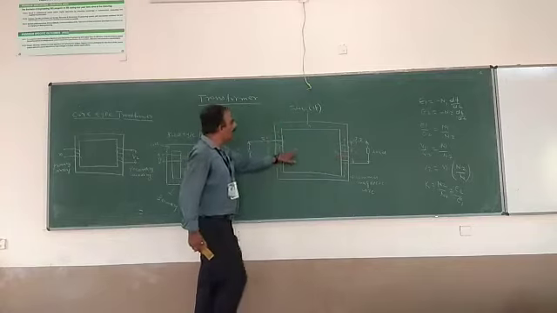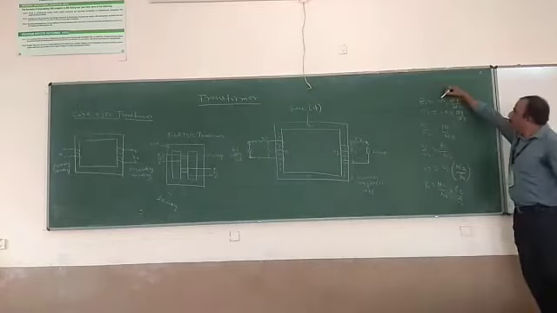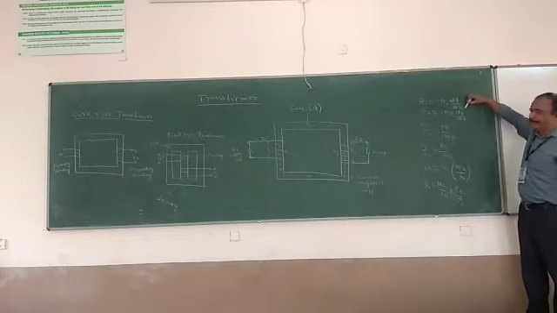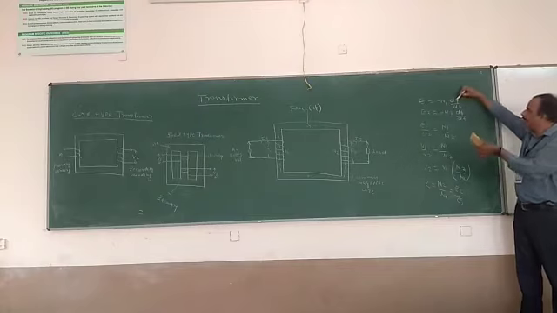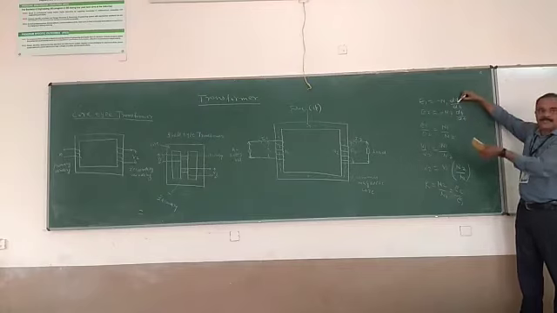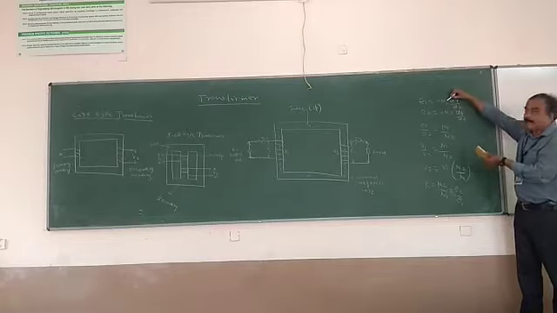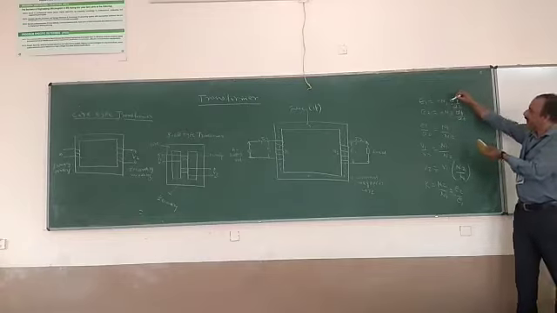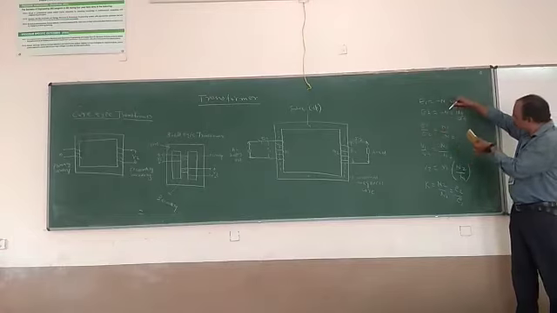Now, how do we calculate E1 and E2? E1 is minus N1 d phi by dt. N1 is the number of turns in the primary, and d phi by dt is the change of flux. So E1 depends on the number of turns and flux changes. Next, E2 is minus N2 d phi by dt, where N2 is the number of turns in the secondary.